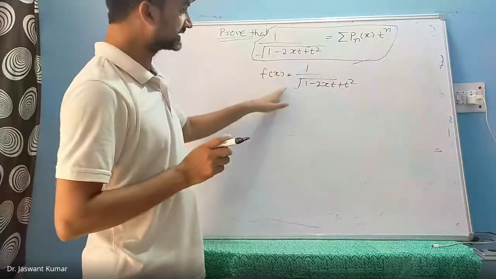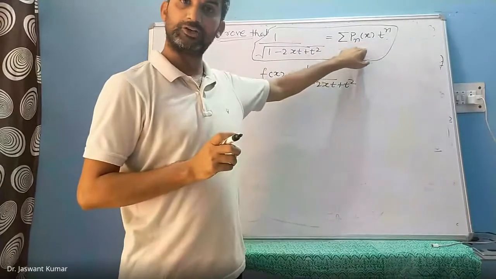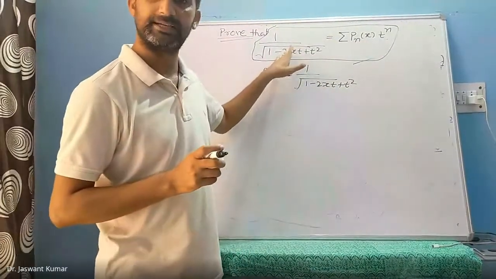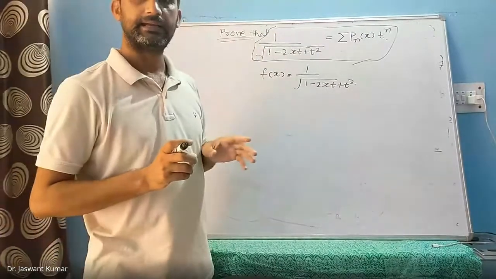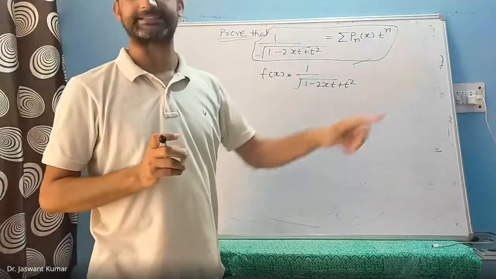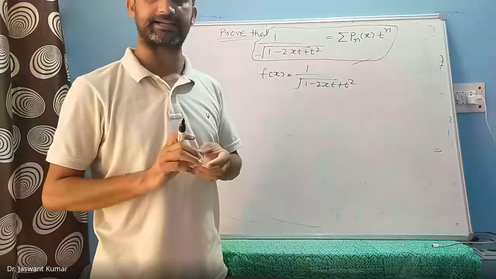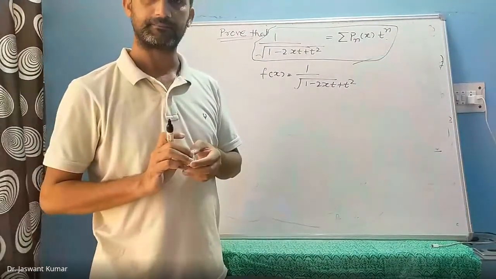If f of x follows the Legendre differential equation, then there is a possibility that it could be a generating function for the Legendre polynomial. If it does not follow, then we are gone. That means we cannot do anything.